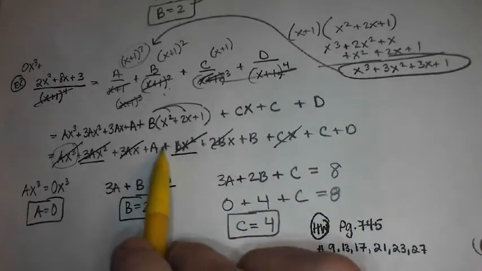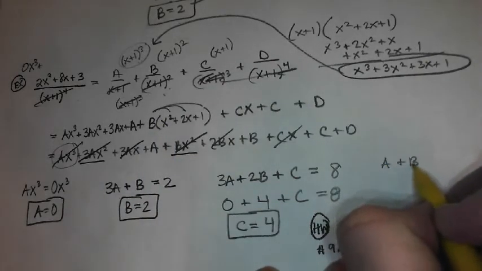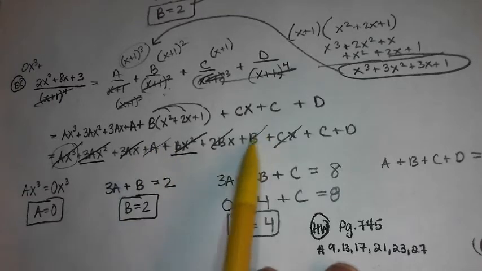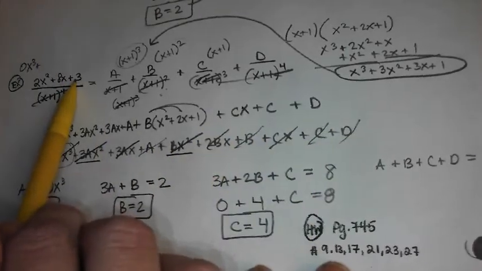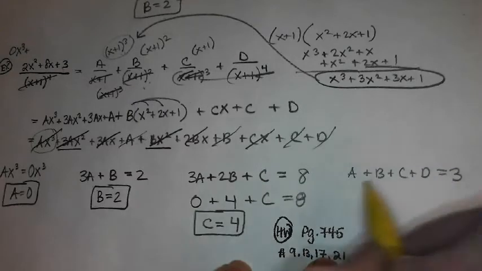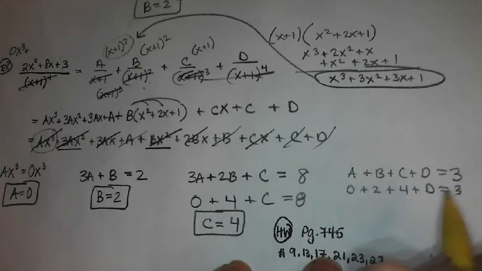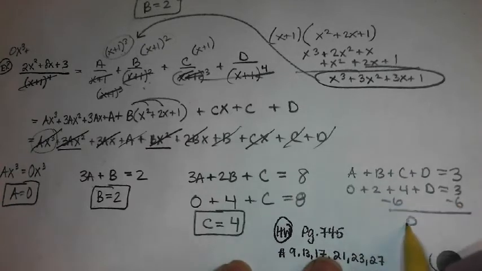And then my constants, A plus B plus C plus D, have to add up to the 3. So that's 0 plus 2 plus 4 plus D equals 3. Subtract 6 from both sides. D equals negative 3.